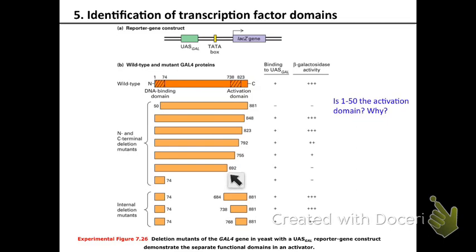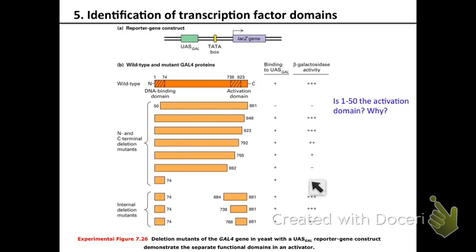Then I'm going to say, let me chop it up into even smaller pieces and see what happens. One thing you can do is find the minimal DNA fragment that is capable of binding to the DNA. So I'm going to make a construct of up to 74 amino acids and show that it binds to DNA.